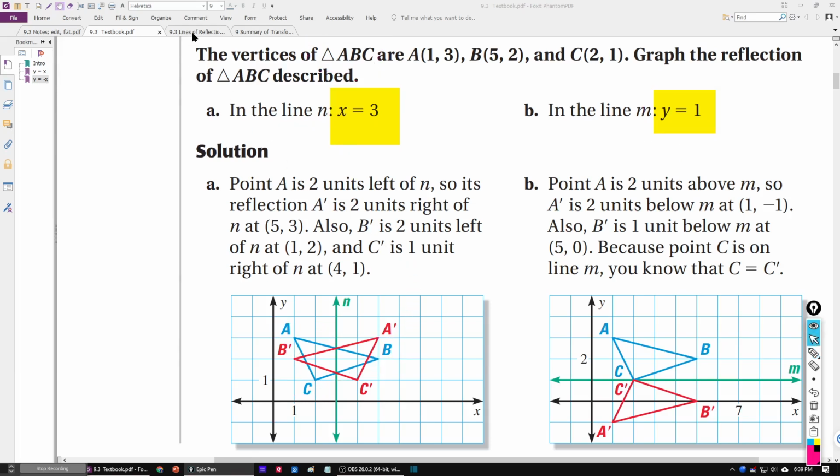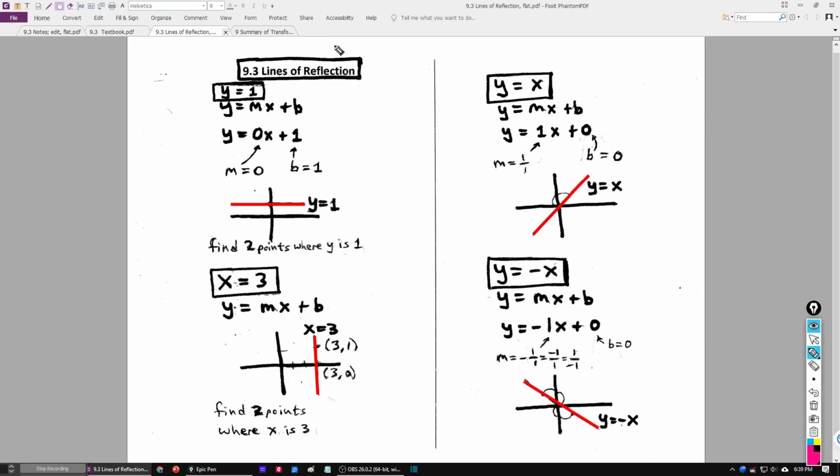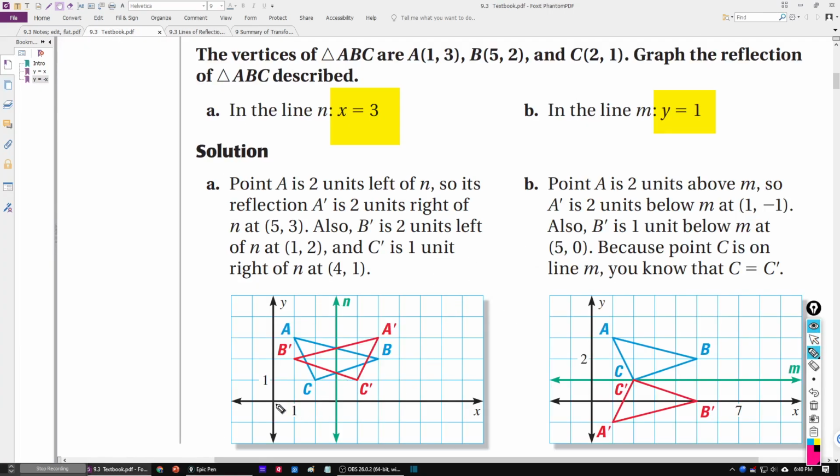So let's practice and make sure that you understand how to draw a line of reflection. Like I mentioned, there are a few types of lines of reflection that they will give to us. Sometimes they'll make it nice and easy, and they'll say either the x-axis or the y-axis.